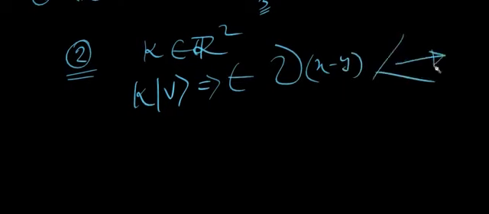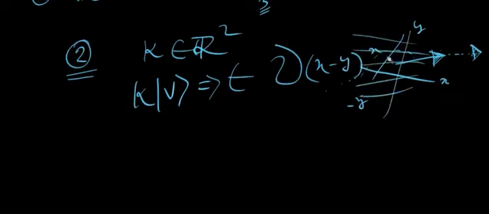Because let's take a vector like this, and whenever you scalar multiply, depending on whether it's a positive scalar or a negative scalar, if it's a negative scalar, it will just get oriented like this, and if you multiply with a positive scalar, it will just scale up. That's it. But notice the subtle fact that we are considering x, y, and here we have minus y and minus x. So we're considering this whole xy plane.